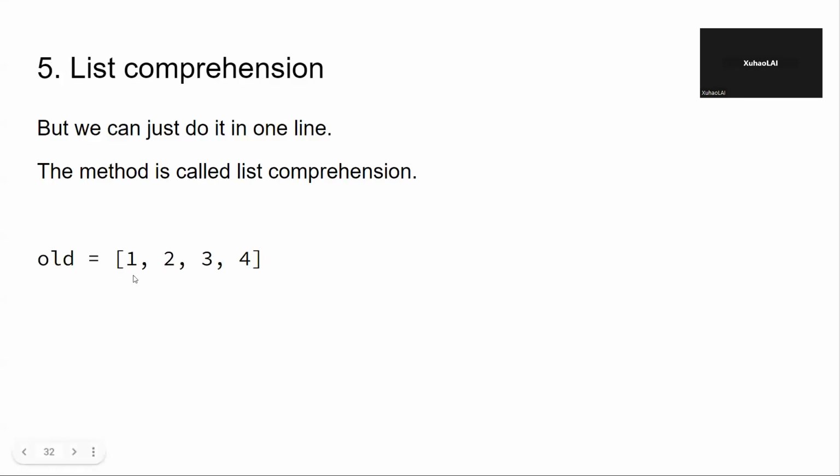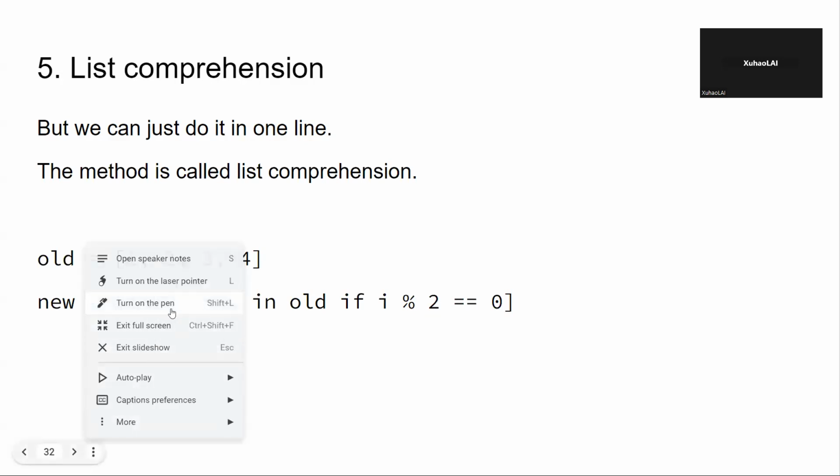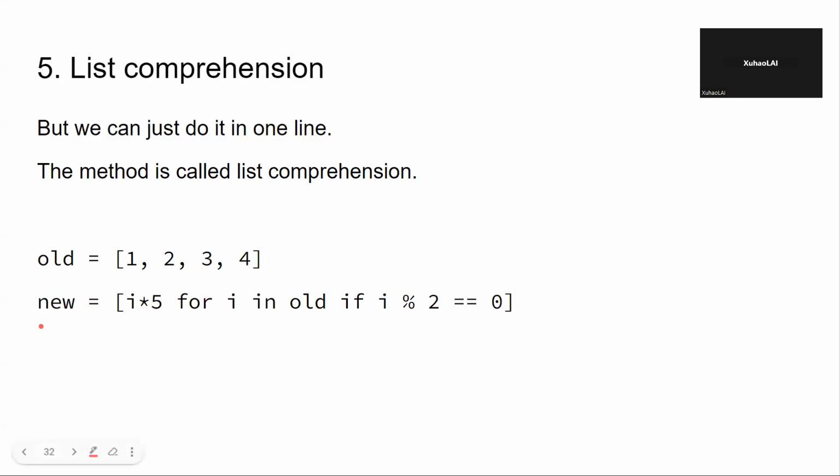Suppose I have old, 1, 2, 3, 4. So I can do new is I times 5 for I in old if this condition. So for the format of list comprehension, I can do this in just one line.